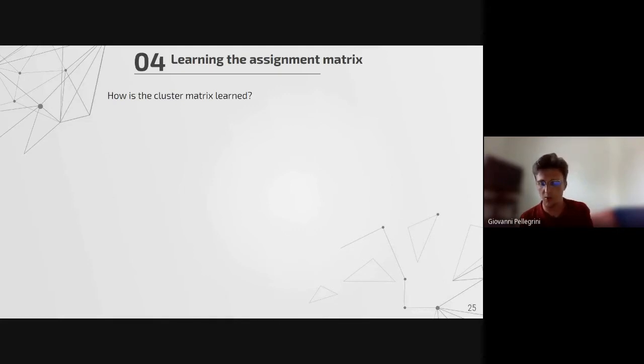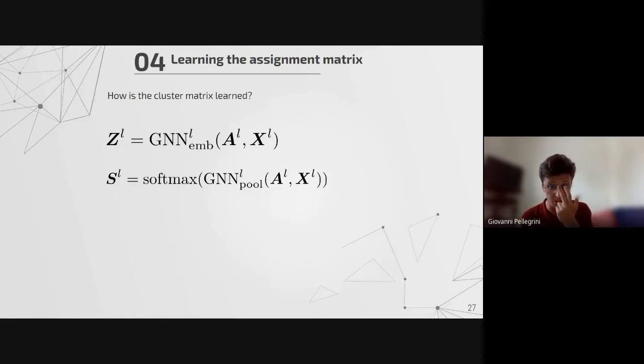Okay, but how is it possible to learn this cluster assignment matrix? Basically, the architecture inside each hierarchical step is the following. We're going to obtain at each level 2 matrices by using 2 different GNNs. So for each hierarchical level, we obtain a node feature matrix, Z L, which is the output of a graph neural network.